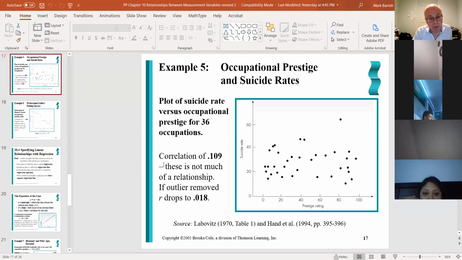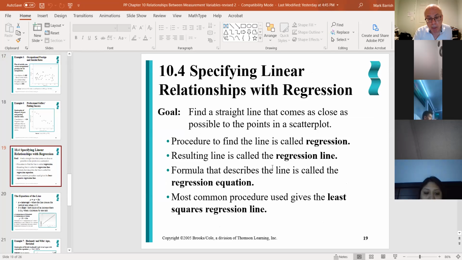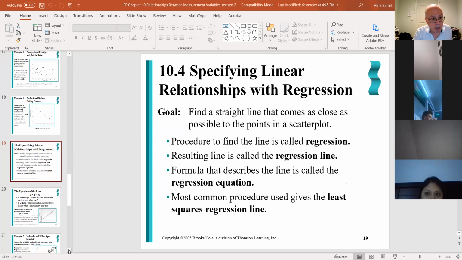It's the closest distance to the line. And you don't have to worry about the mechanics of how the regression line is created, because it uses calculus. Anybody who's taking calculus, it's a very easy thing to figure out. But most of you probably have not taken calculus, so don't worry about it.